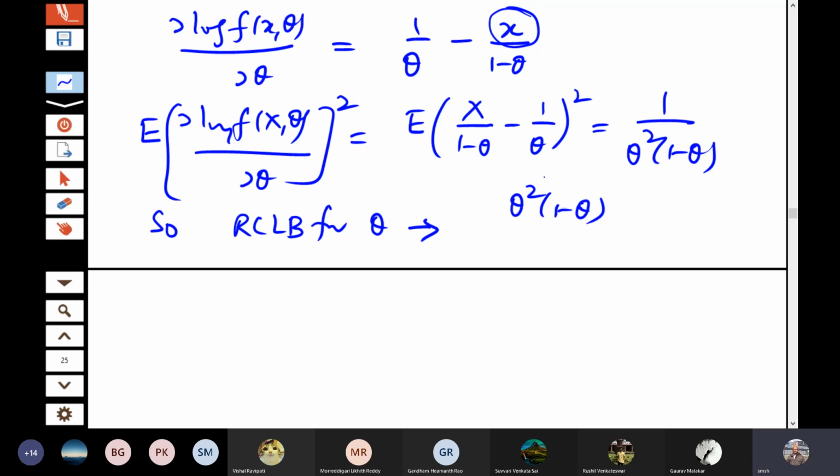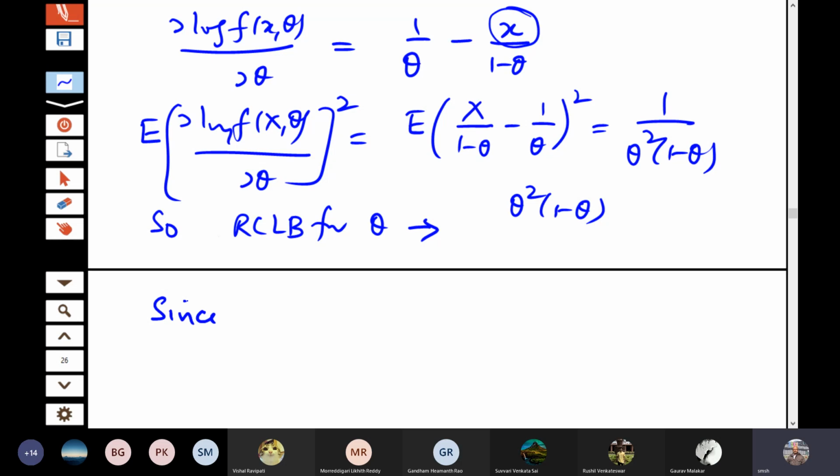Of course, you may ask the question, why should I worry about theta? If I can obtain the UMVUE for the mean, 1 minus theta by theta, that should be enough. But actually statistical inference is not based only on the mean and variance. Statistical inference may be for any parametric function, because many parametric functions are of interest here.